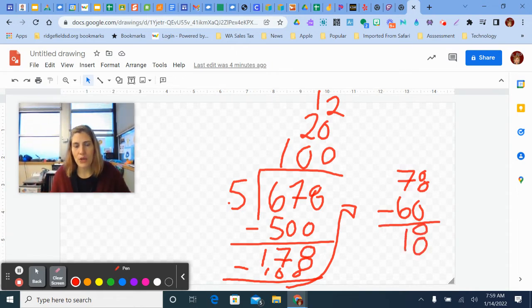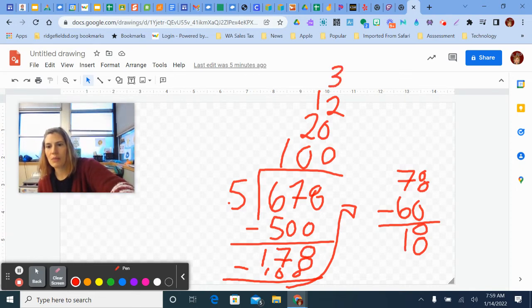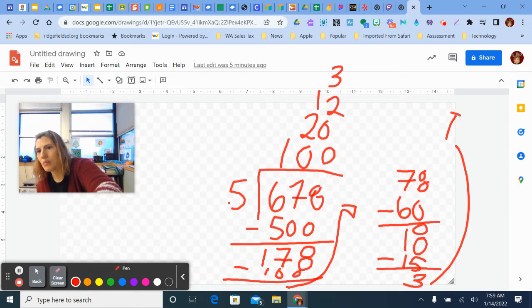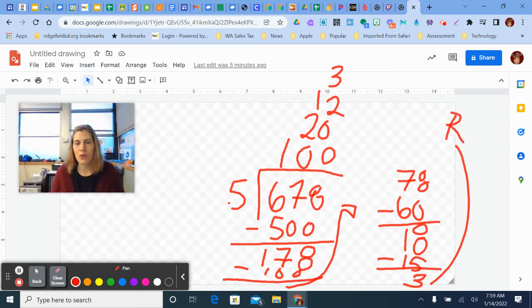So does 5 go into 18? Well, not perfectly, but I know it goes in there 3 times because that's 15. So I'm going to put my 3 up here, 15 down here. Now I subtract it. I have 3 left, which means it's less than 5. So I know this 3 is going to be my remainder, what's left over.